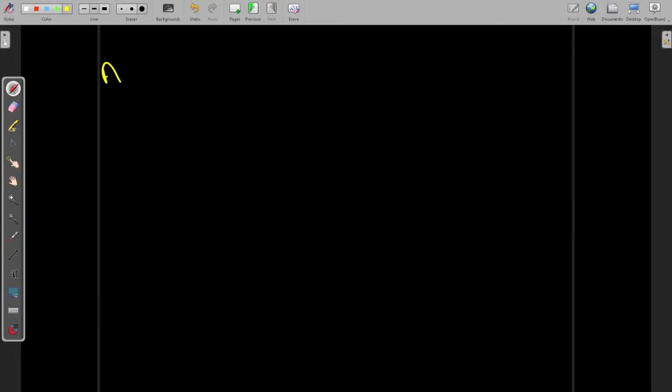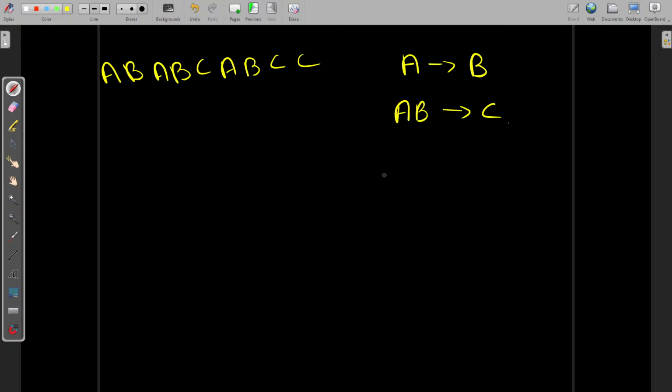Take that exact same test case: A, B, A, B, C, A, B, C, and again a C at the end. So we know that a single A can pair with B and a paired AB can pair with C. So if at any moment I have the count of A, if I know these many A's at the current index, and I have encountered a B, then can I not create a pair of AB?